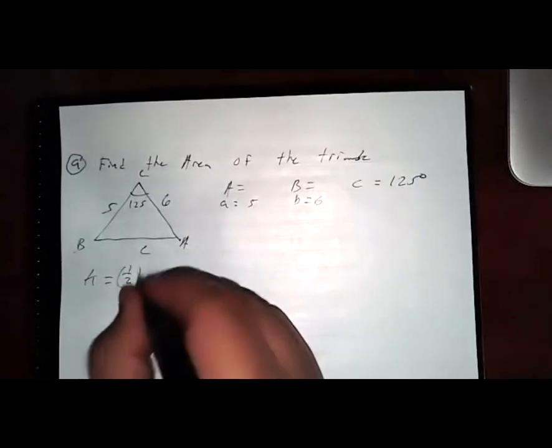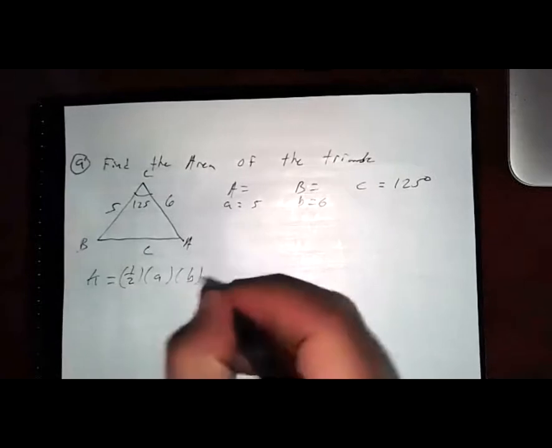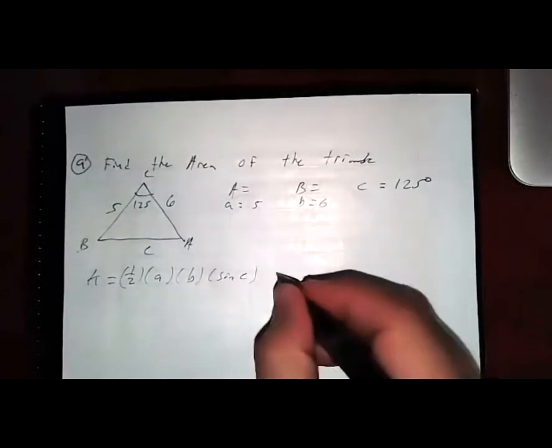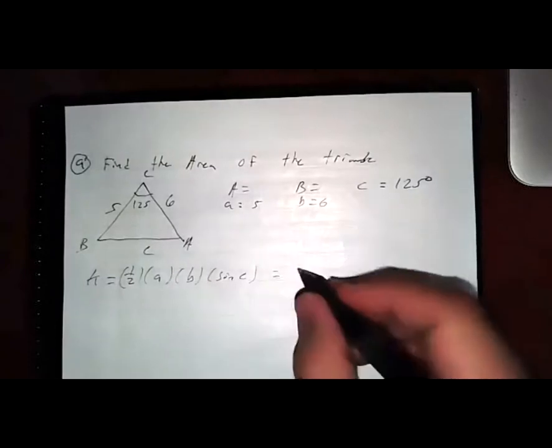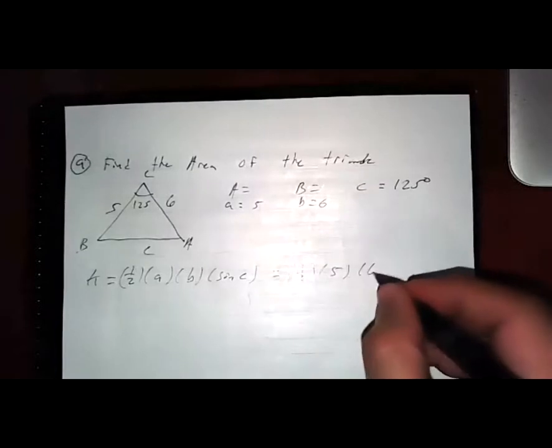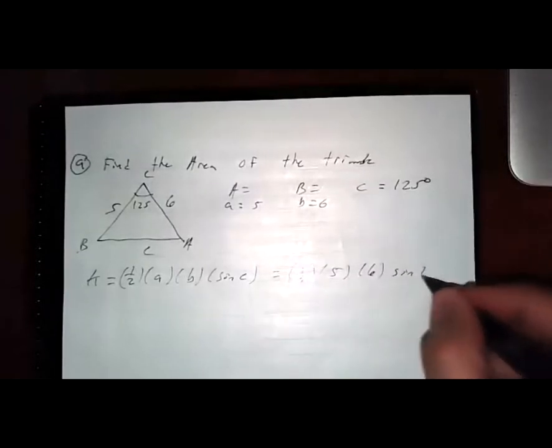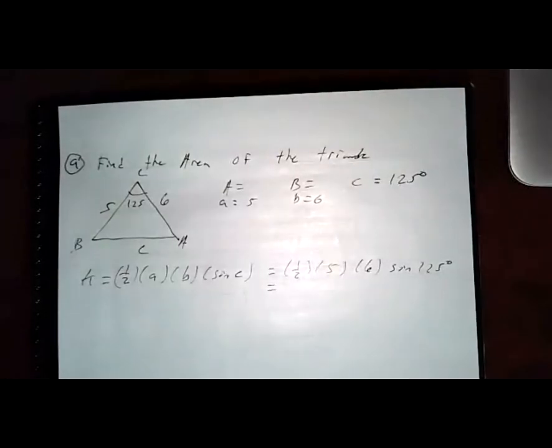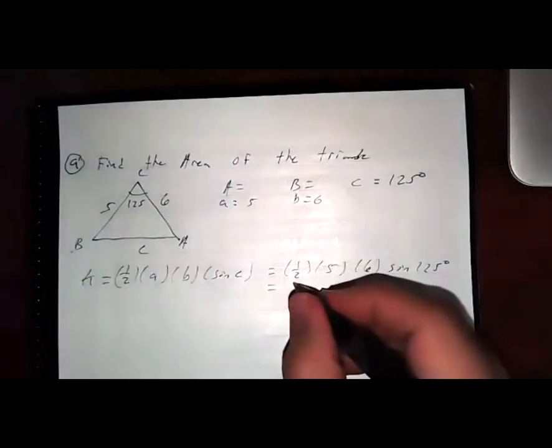Area equals 1/2 times A times B times sine C. So plug that in, you'll have 1/2 times 5 times 6 times sine of 125. What would that be? Do you guys get 12.28 or 29?